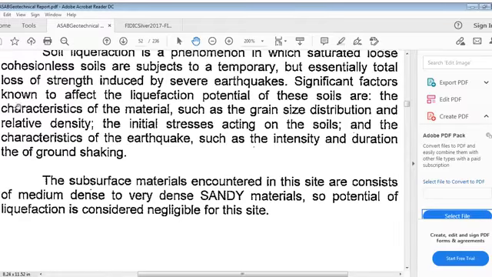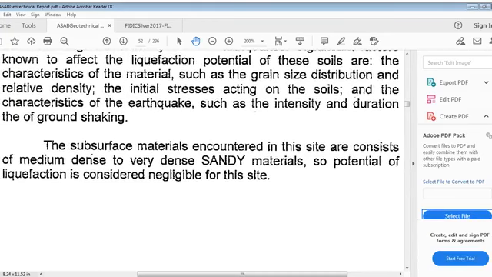Significant factors known to affect the liquefaction potential of these soils are characteristics of the material, such as grain size distribution and relative density, initial stresses acting on the soils, and characteristics of the earthquake, such as intensity and duration of ground shaking.